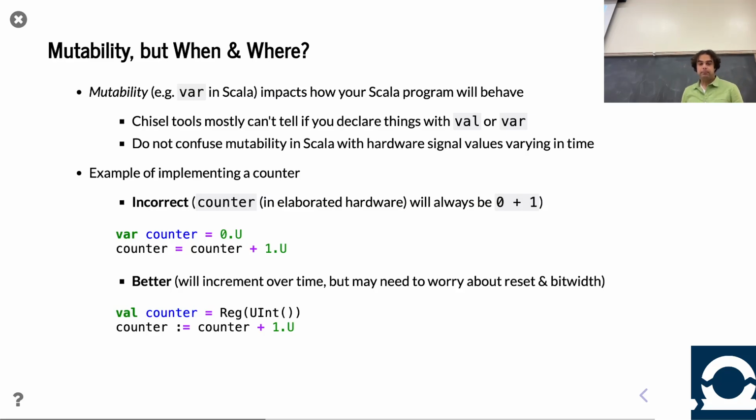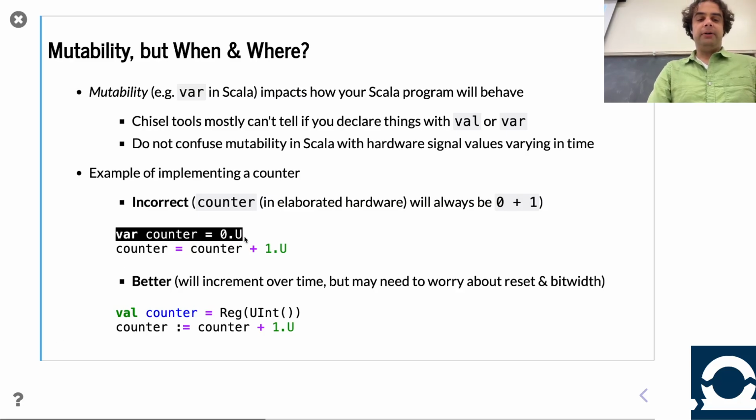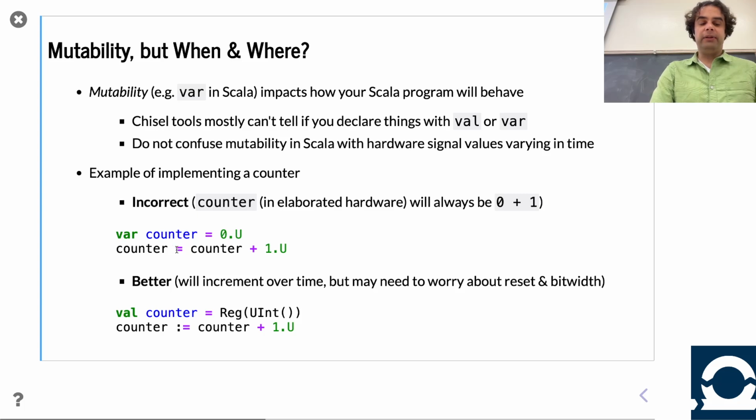So, for example, there are some things you can do when you use var that can not only lead to incorrect behavior, but can be hard to debug or surprising. Let's say you tried to write a counter and you say, I have a var counter, and then I say counter equals counter plus one. Then you look at the output and you see that it's always one. It's always 0 plus one. You realize why: you've assigned counter to be 0.U plus 1.U.